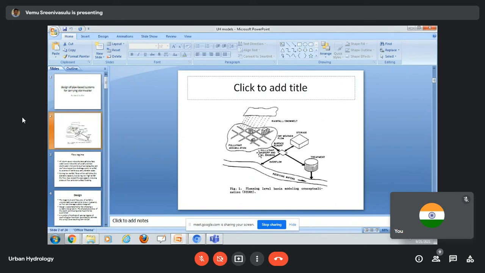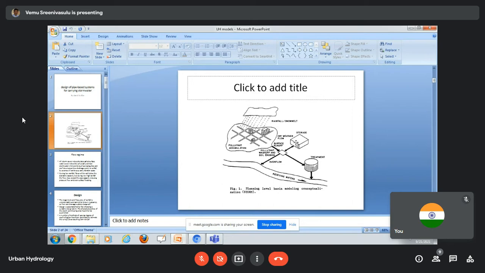All this will be collected here, and there is storage also. This is overland flow, and this is the storage, meaning depression storage, as I said. To minimize the peak of the hydrograph, we have underground storage and overground storages.